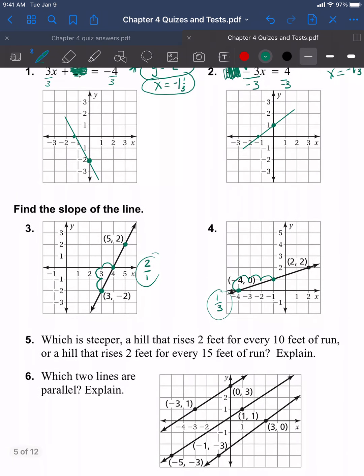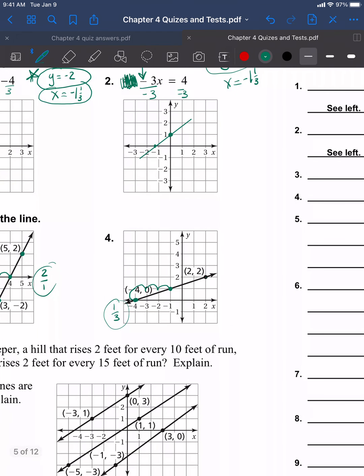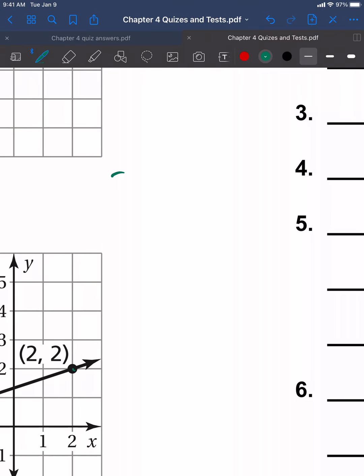Let's pretend for a second, before I move on, they did not give you the graph, and they only gave you those 2 points. Could I still find slope with just 2 points? Yes. Do you remember the equation? Slope equals y2 minus y1 over x2 minus x1.